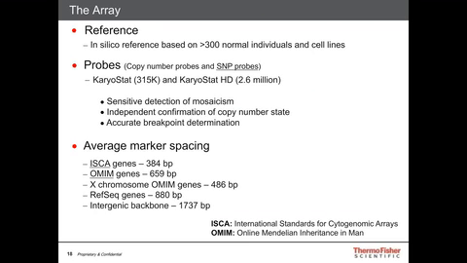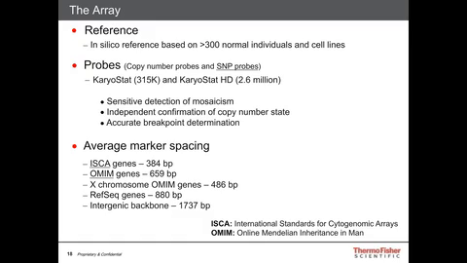Now a bit more on the array. The array utilizes a strong reference and probe sets. The reference has been built based on over 300 normal individuals and the cell lines. We have about 315,000 features for KaryoStat and 2.6 million for KaryoStat HD. A significant number of these features are actually SNP probes.